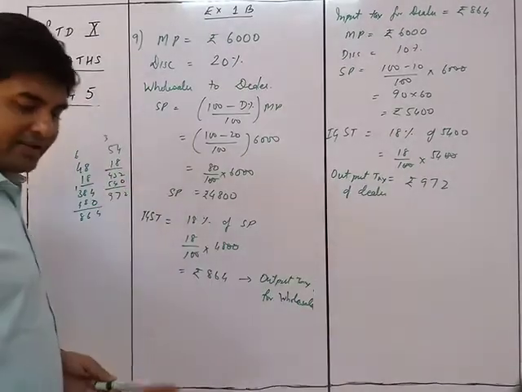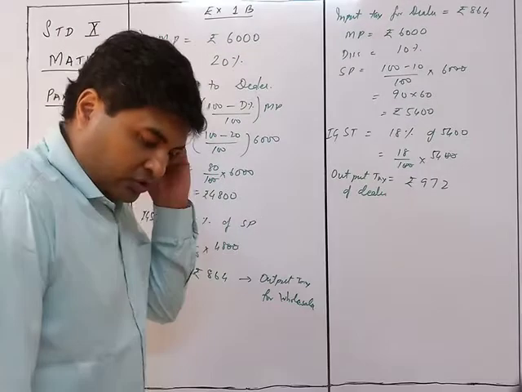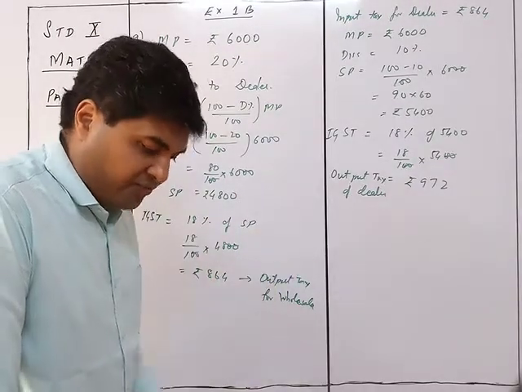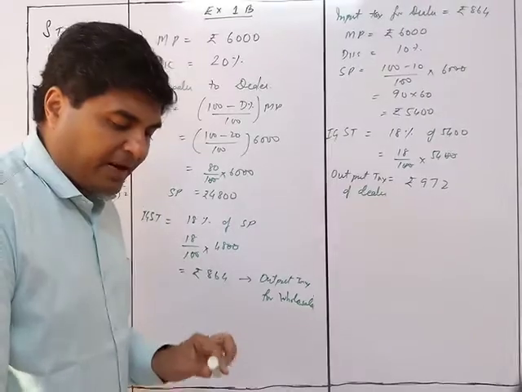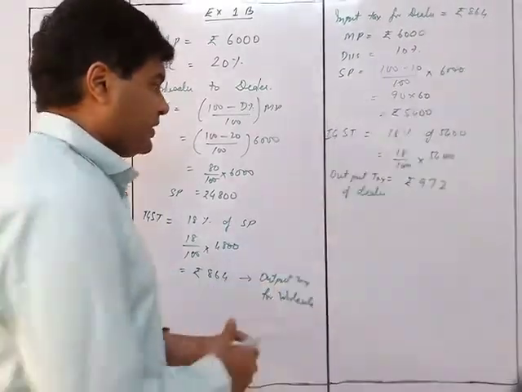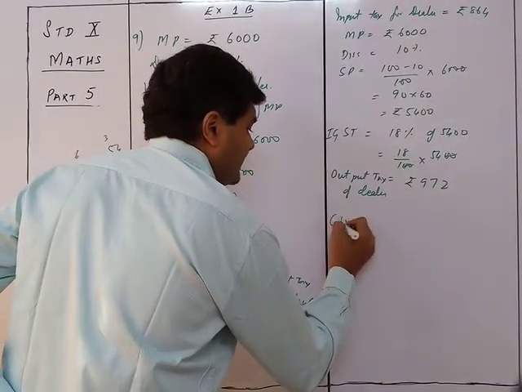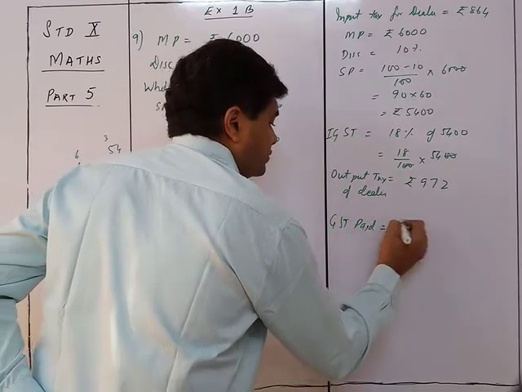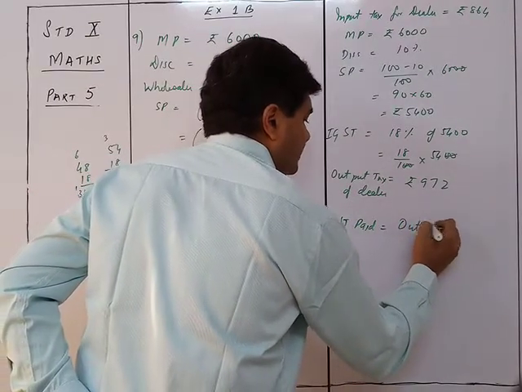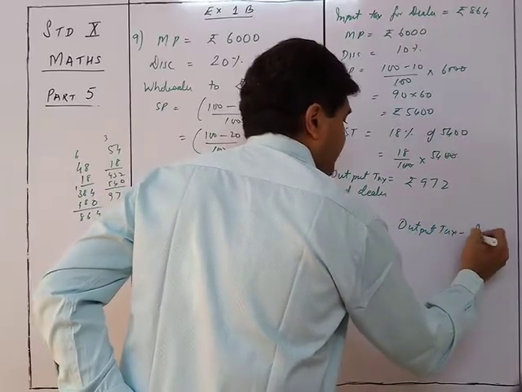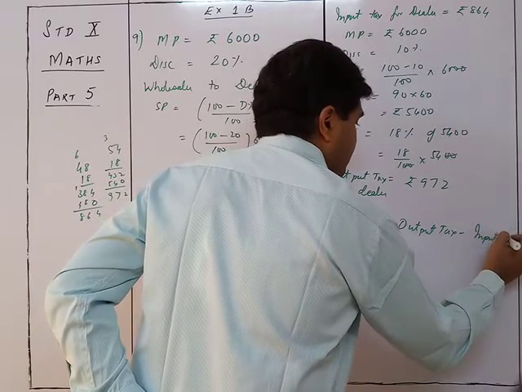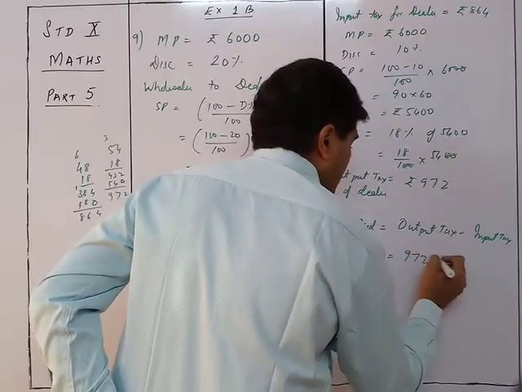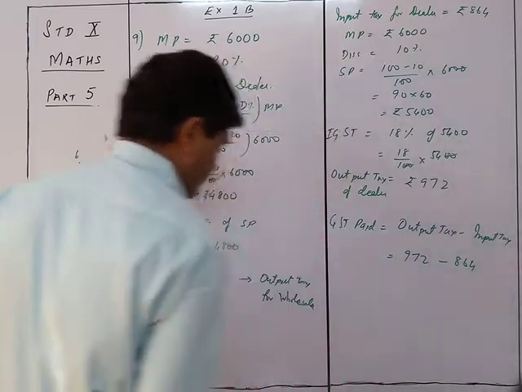Now we will find out what is asked. If the rate of GST is 18%, find the amount of GST paid by the dealer to the government. GST paid is equal to output tax minus input tax, which is 972 minus 864.